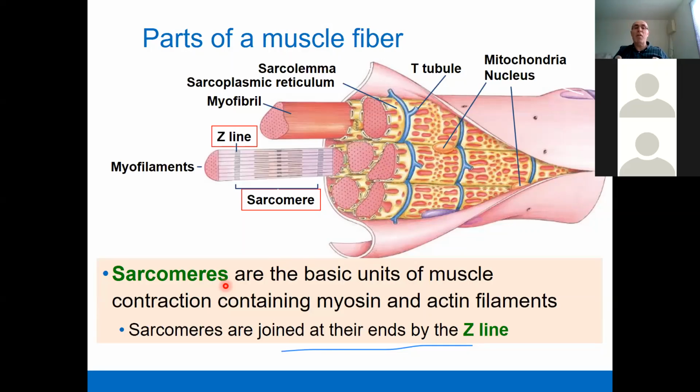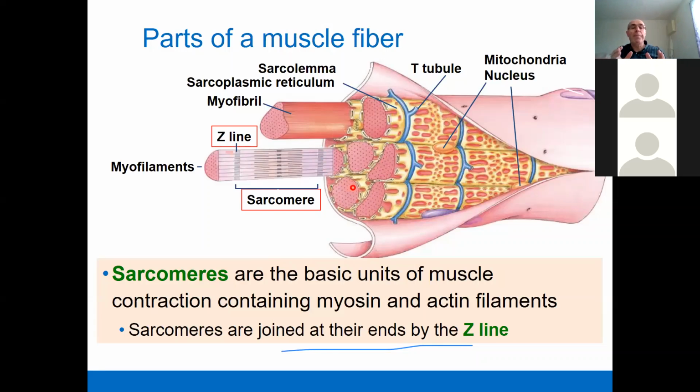Okay, sarcomere is a basic unit of muscle contraction. Okay, as you see here in the slides, the sarcomere will begin with Z line and end up with the Z line.